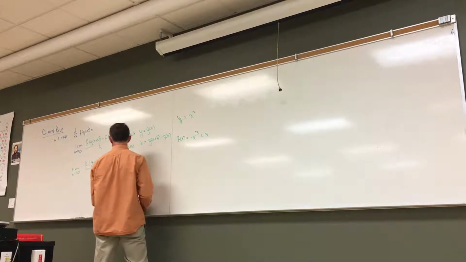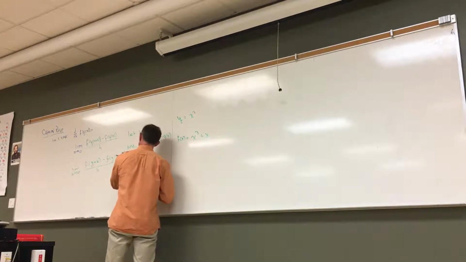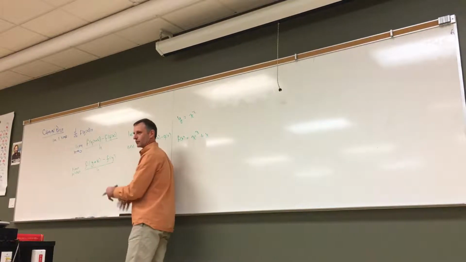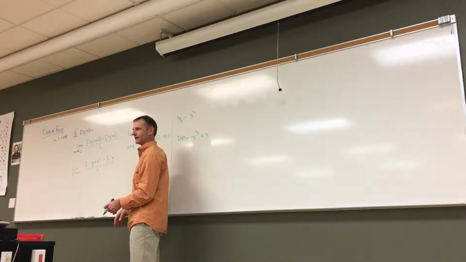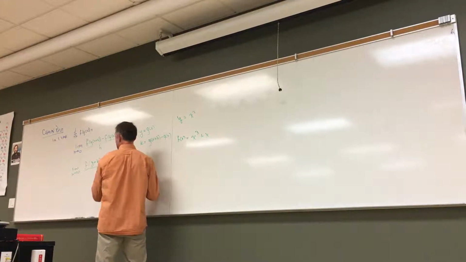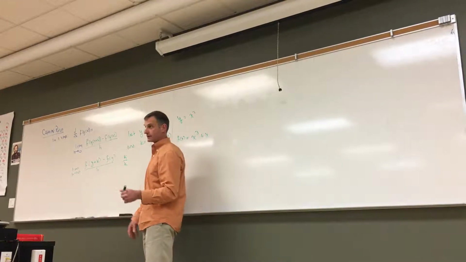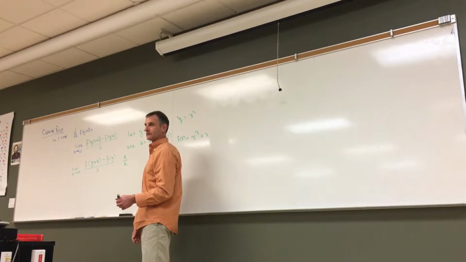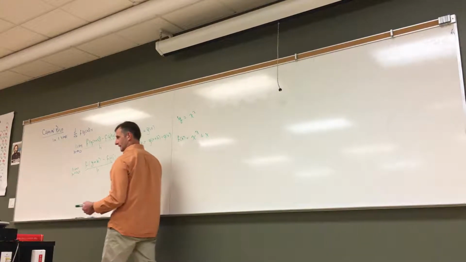So here's my thinking. That's not quite right. That's not going to work, right? I can't just throw something like that in there. But what I can do is, I could multiply this by k over k. I can do that, in theory.